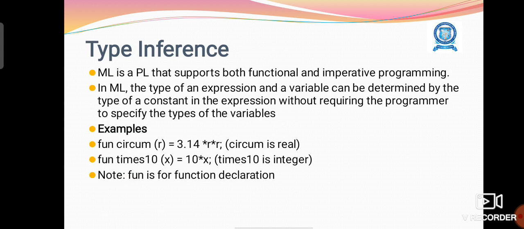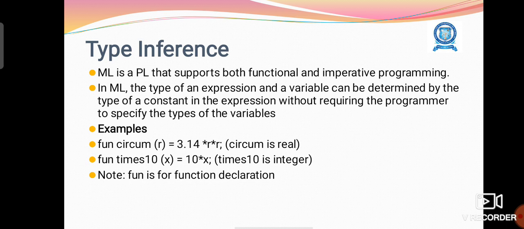Type inference. ML is a programming language that supports both functional and imperative programming. The type of an expression and the variable can be determined by the type of a constant in the expression, without requiring the programmer to specify the types of the variable. For example, fun circum r equal to 3.14 star r star r. Here circum is a real variable.